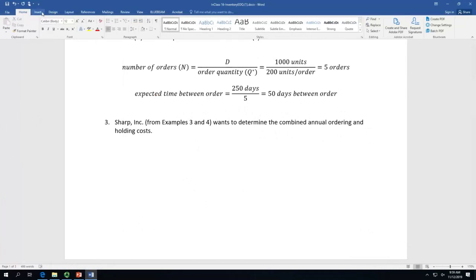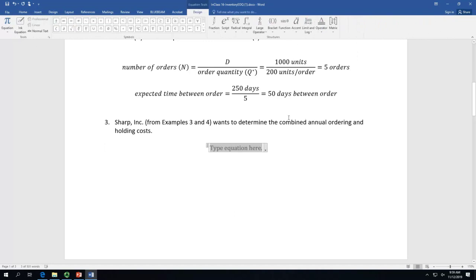The total inventory cost is the total cost including holding cost plus ordering cost. So we should have annual here, total annual.